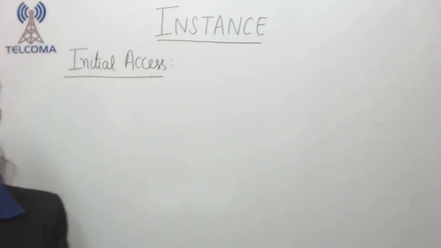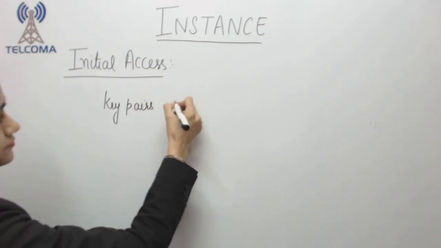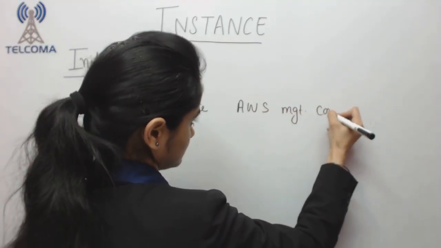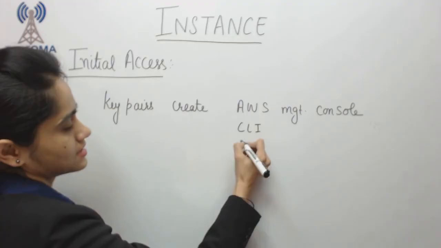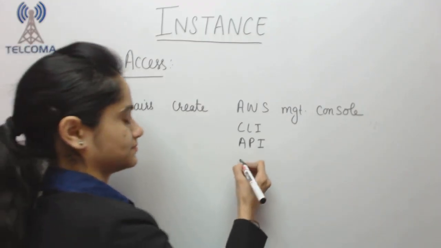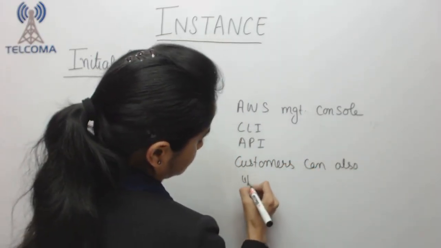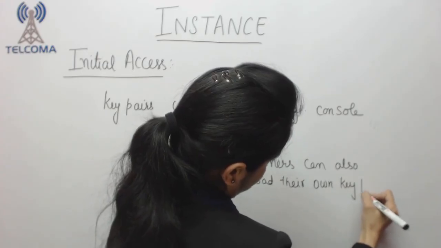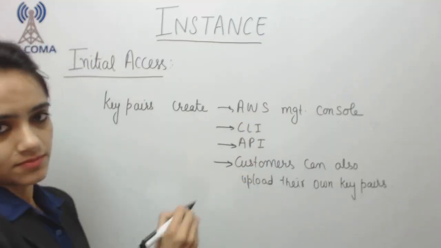These key pairs can be created through the AWS Management Console, the CLI (command line interface), or the API (application programming interface), or customers can also upload their own key pairs.